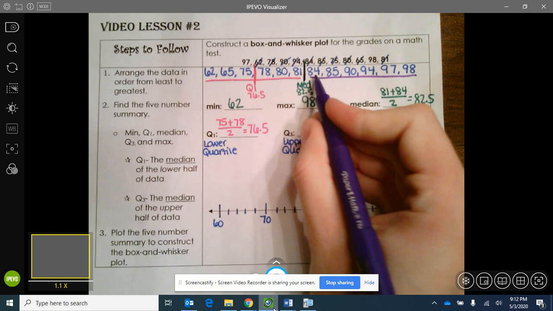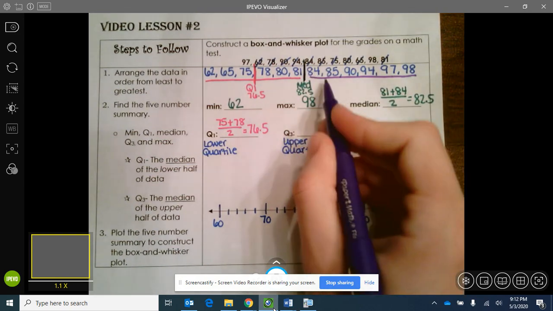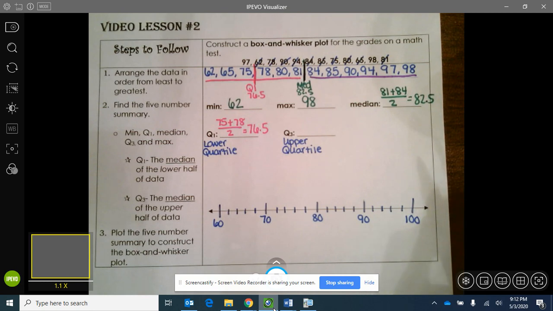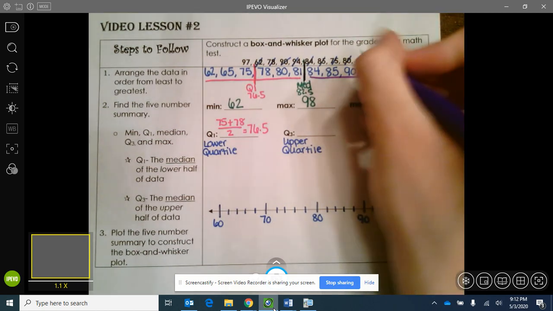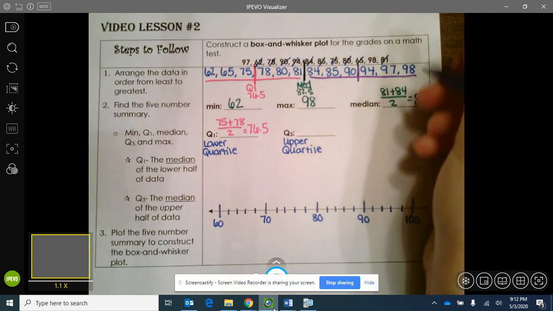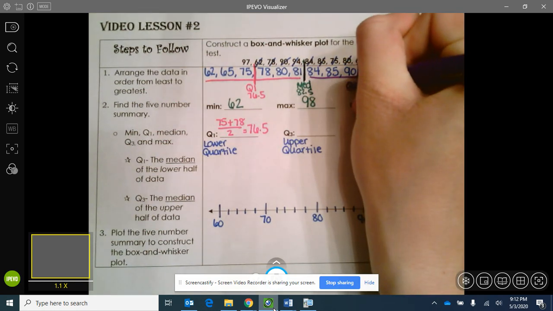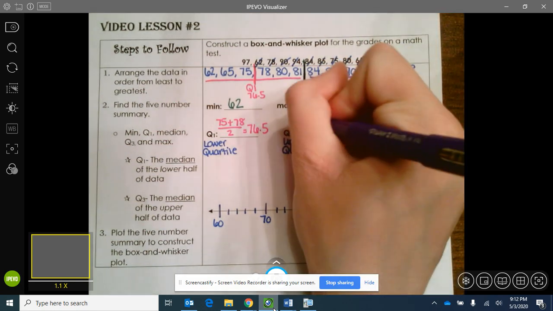Okay, now I'm going to find the median of my upper half of data, which is these 6 numbers that are underlined in purple. My median is going to be right between 90 and 94, but same thing, I need to go ahead and find the average there.